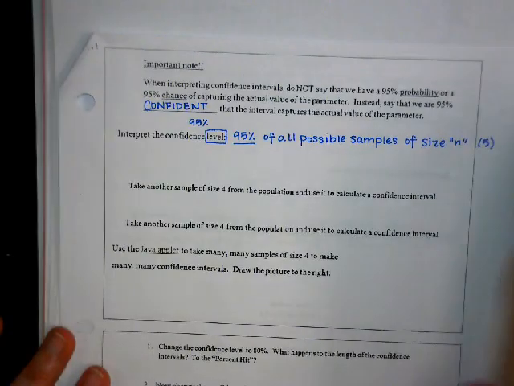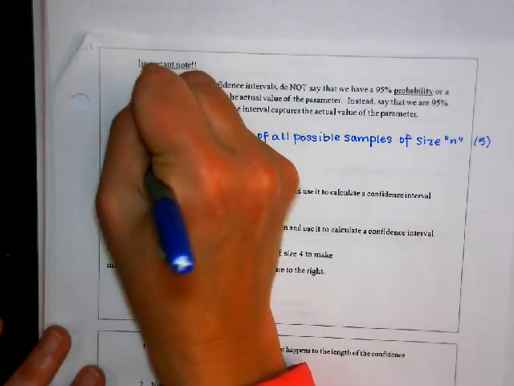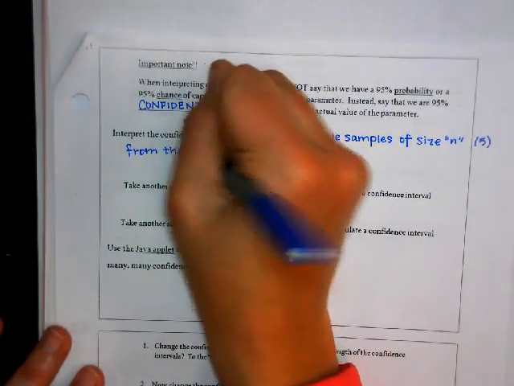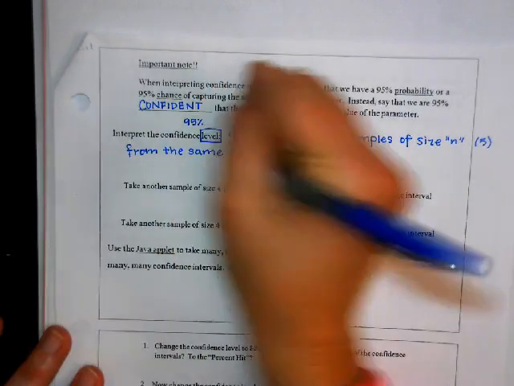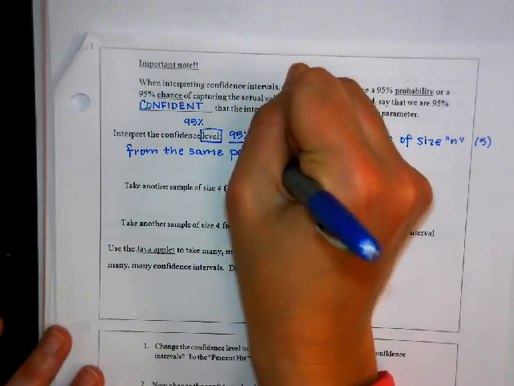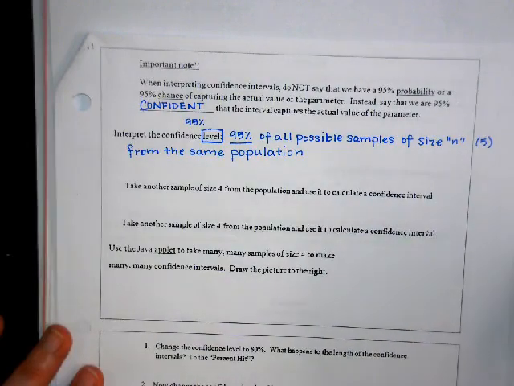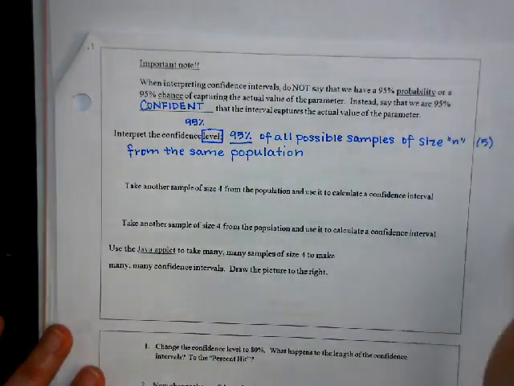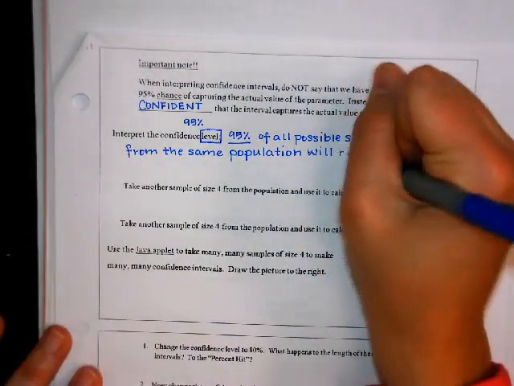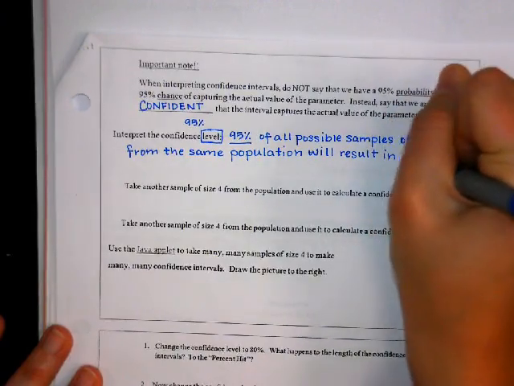What is this sounding like? Sounding like the definition of a sampling distribution, right? All possible samples of the same size from the same population. Well, 95% of those samples will result in an interval that captures our unknown parameter.